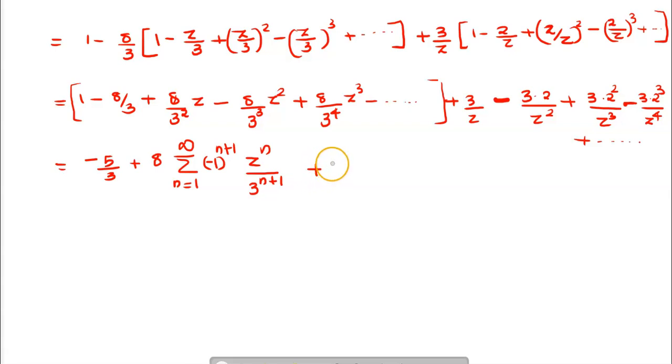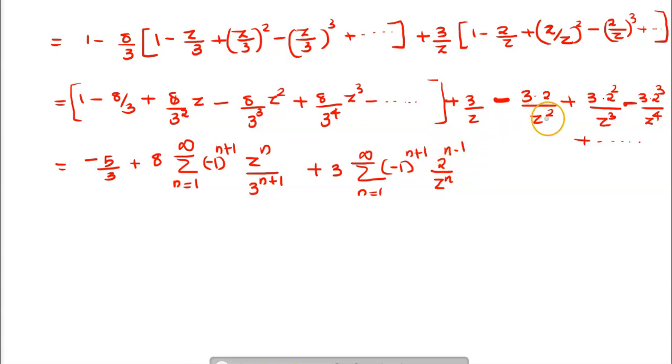Now second term is, we can take 3 as common. This is n is equal to 1 to infinity, minus 1 power n plus 1. Alternating plus and minus is that. Minus 1 power n plus 1. 2 by z. Z raised to n, 2 raised to n minus 1.